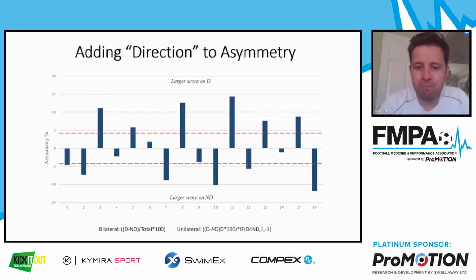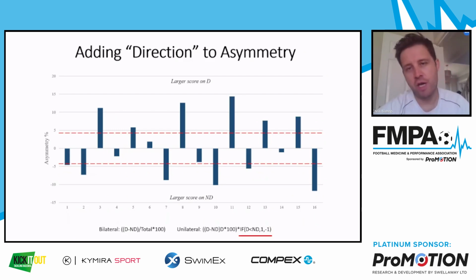Once we now have our equations at the bottom as a quick summary, these are what you would input into Microsoft Excel. I just want to highlight that for the unilateral equation, we would also add on something called an if function, whereby it basically says if the dominant limb scores less than the non-dominant limb, turn the value into a negative number, but don't change the magnitude.